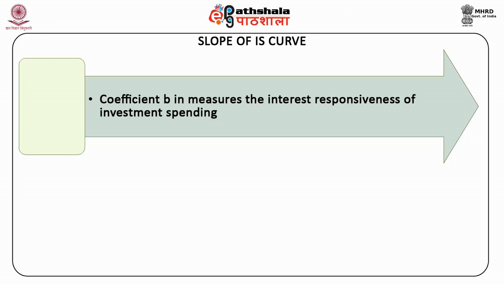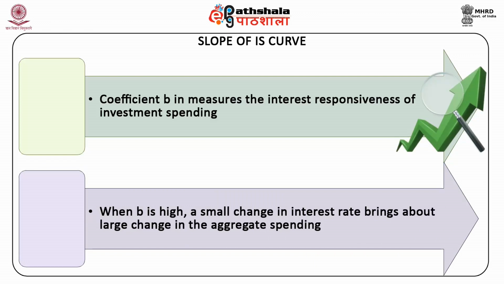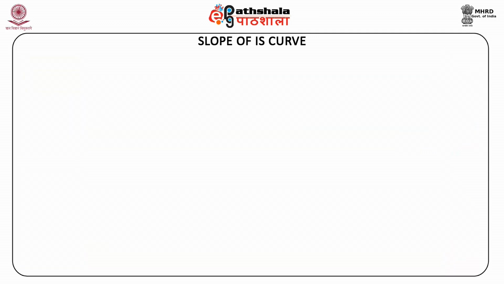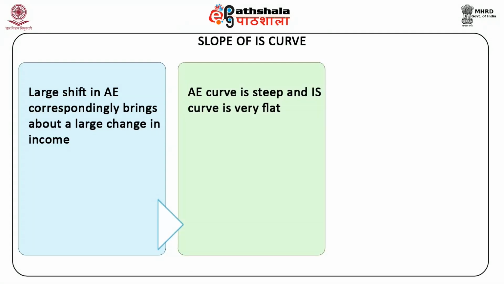When investment is very sensitive to interest rate changes, that is, when b is high, a small change in interest rate brings about a large change in aggregate spending, reflected in a large shift in the aggregate expenditure curve. This large shift in AE correspondingly brings about a large change in income. In such a case, the AE curve is steep and the IS curve is very flat.